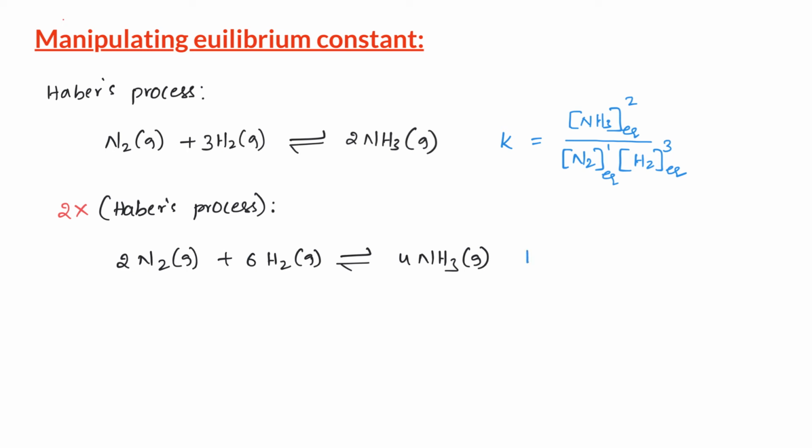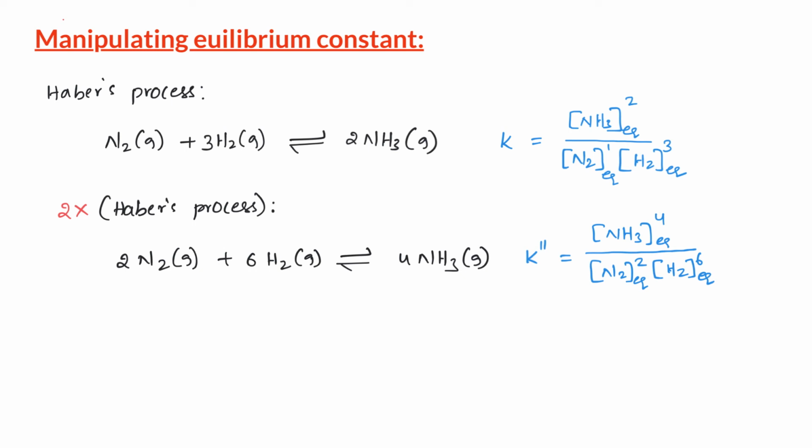Equilibrium constant K double prime is equal to the concentration of products divided by the concentration of reactants, that is, the concentration of ammonia at equilibrium raised to the power 4 divided by the concentration of nitrogen raised to the power 2 times the concentration of hydrogen raised to the power 6.